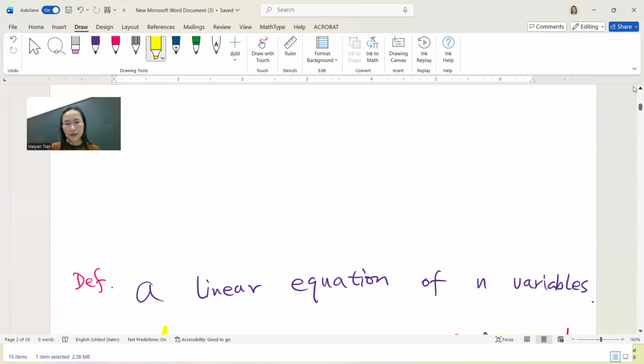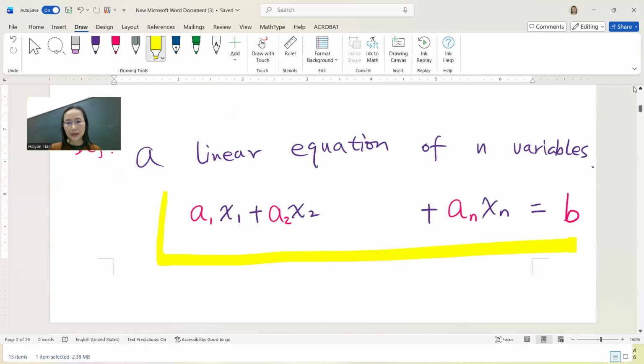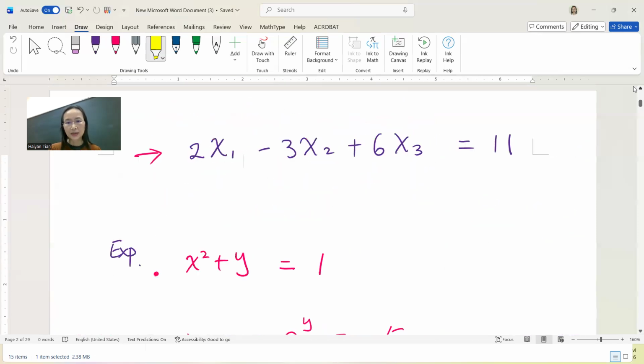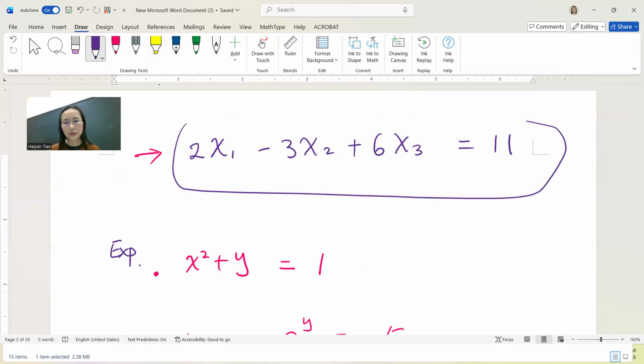So, for example, quickly, see, this is a linear equation of 3 variables. So you have x1, x2, x3, right? Each term has some coefficient, and there are no nonlinear terms.